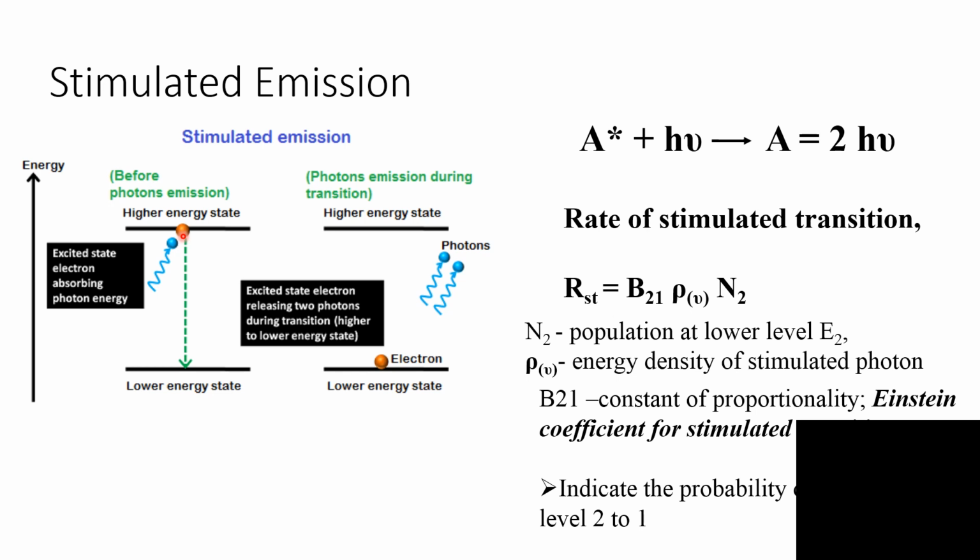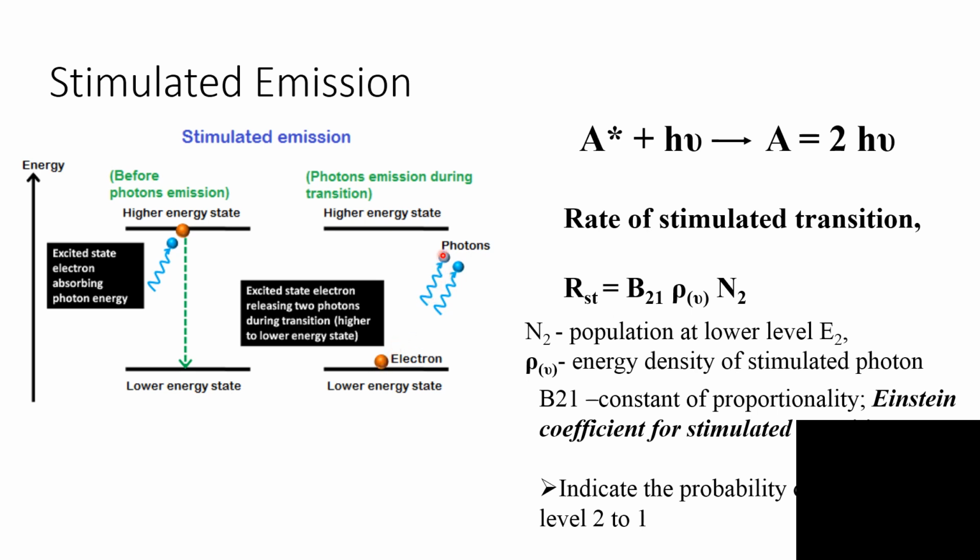In spontaneous emission, the excited electron was just automatically coming down. There was no need of any stimulating photon. But here in stimulated emission, we need a stimulating photon. In the second part, the electron has come back to the ground state and emitted a photon.